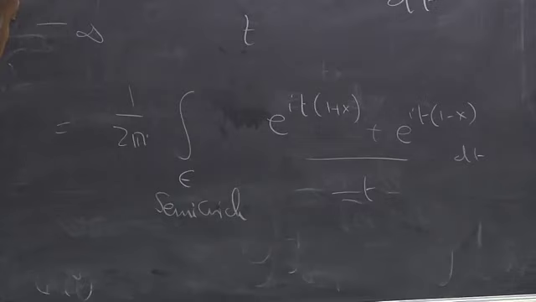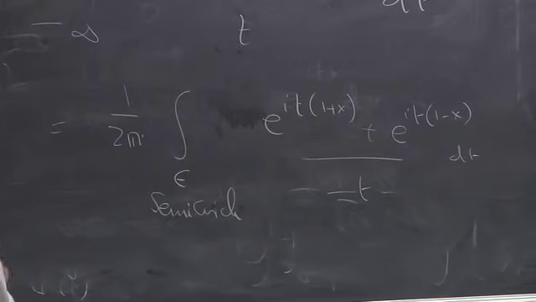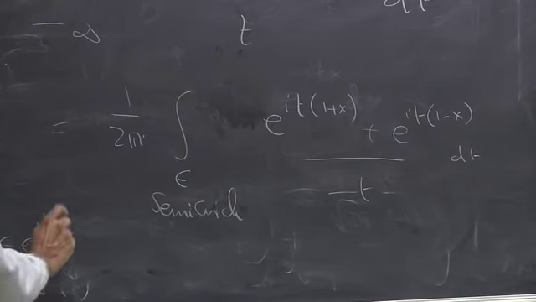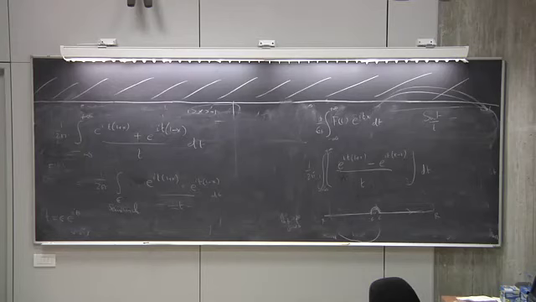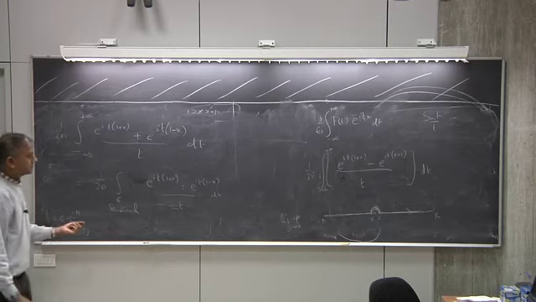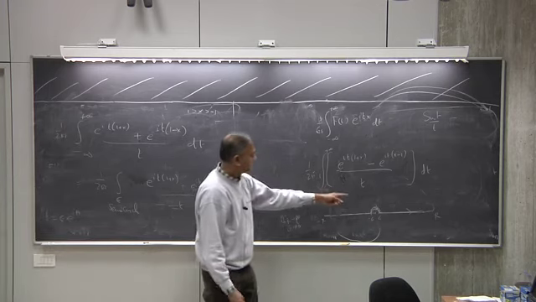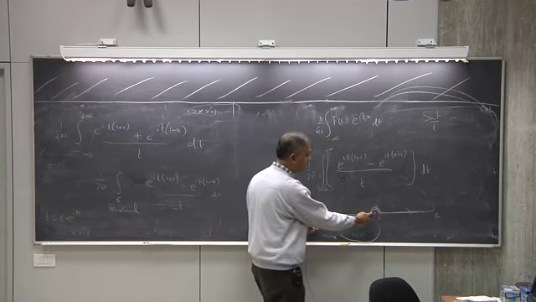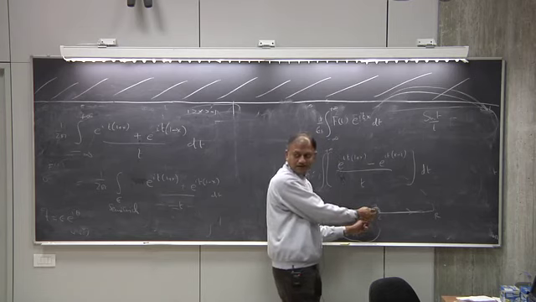Okay. But in that semicircle, t is epsilon times e to the i theta, right? Where theta goes from 0 to pi. But as I said, this integral plus that integral is minus of that integral.